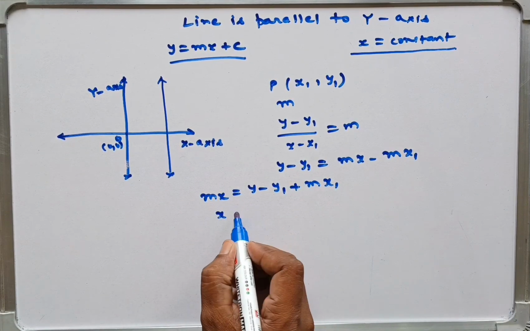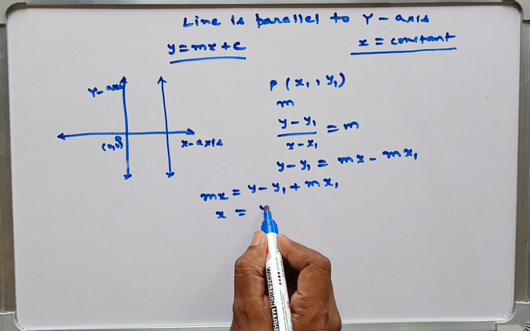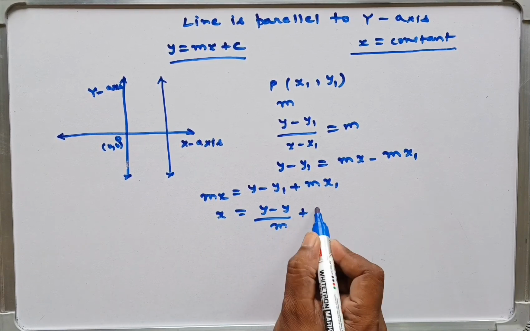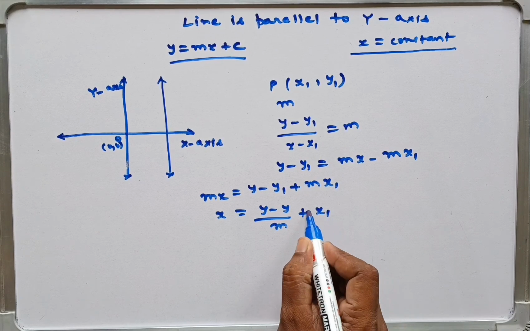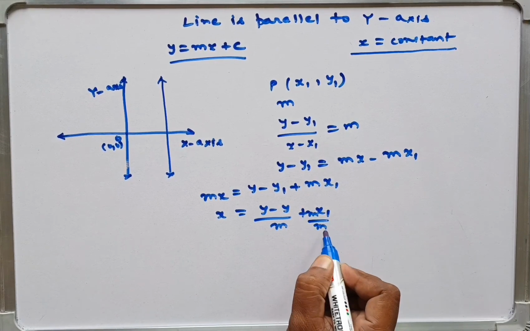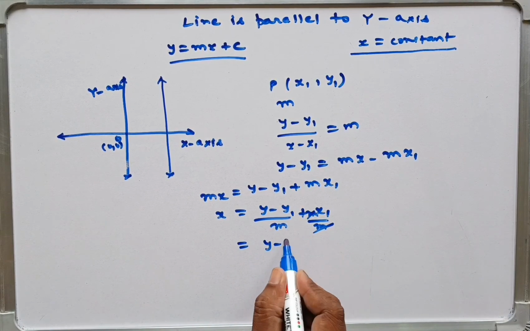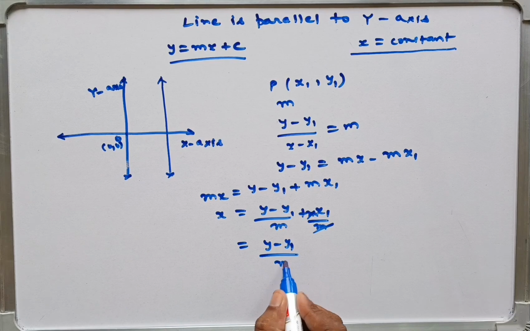If we divide both sides by m, we can write it as y minus y1 divided by m plus x1.